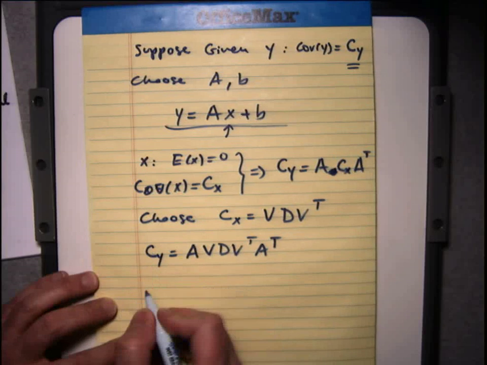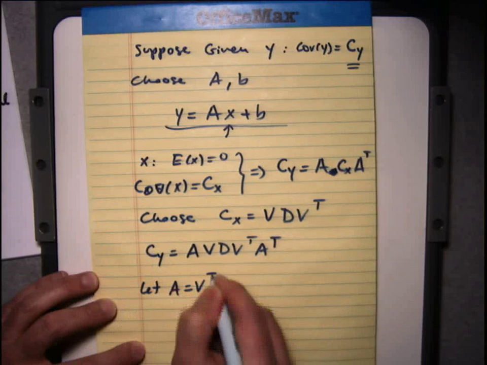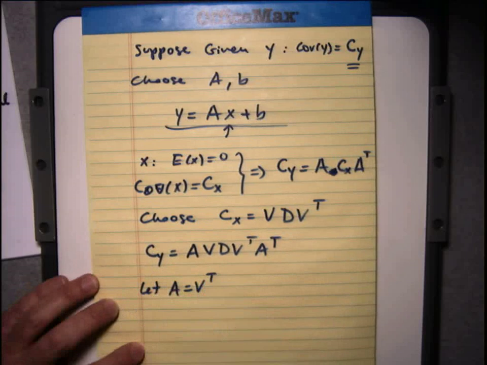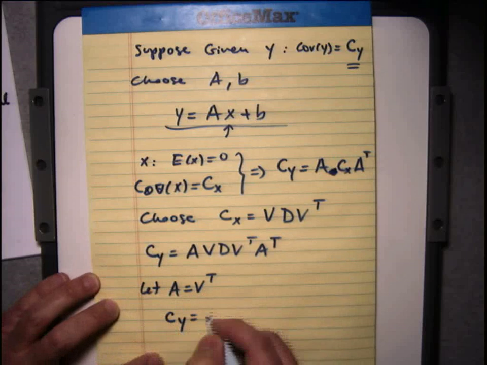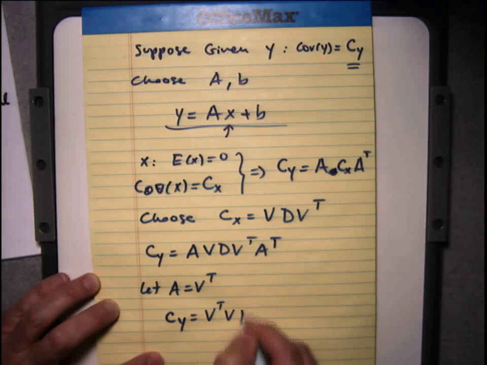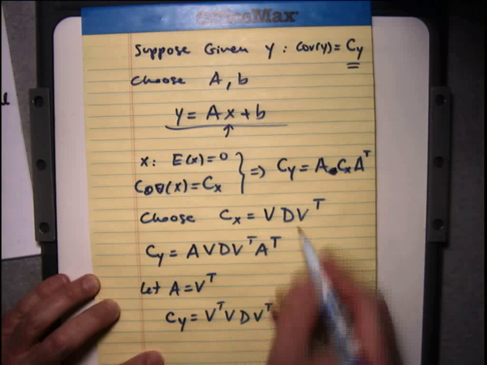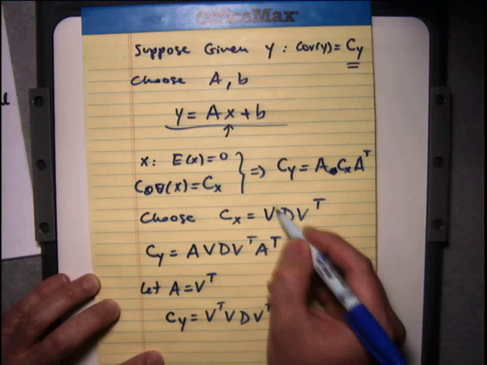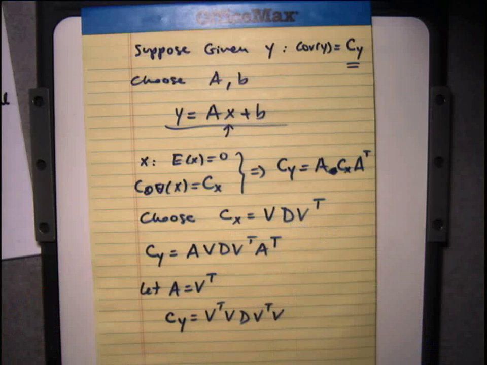All right, now, if I let A be equal to V transpose, let's see what happens. Then Cy becomes V transpose V D V transpose V. Right? And because this is symmetric, positive definite, this V and V transpose are both orthogonal matrices, which means V transpose V and V transpose V here are both identity. Okay?